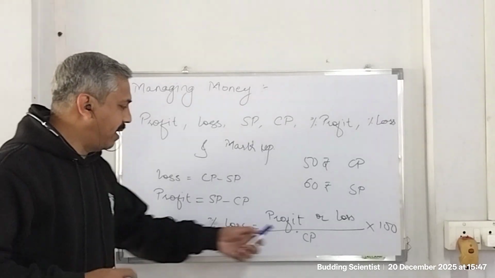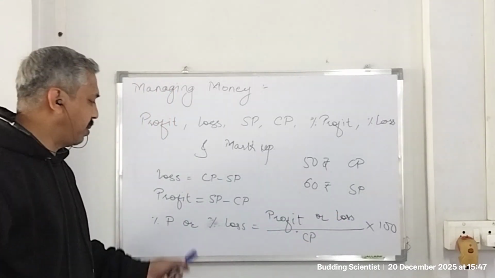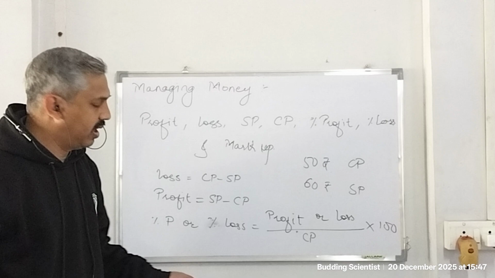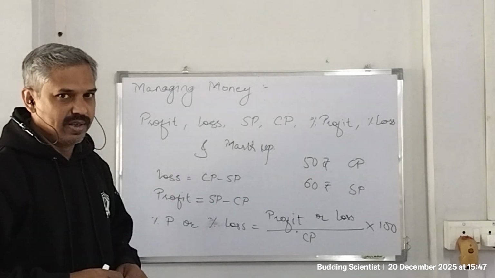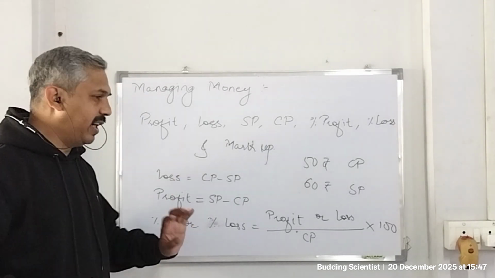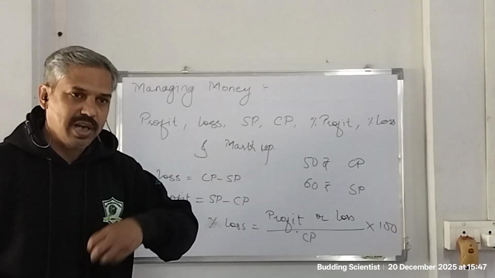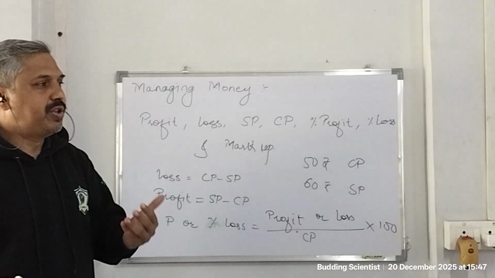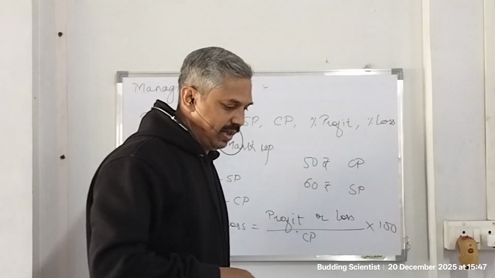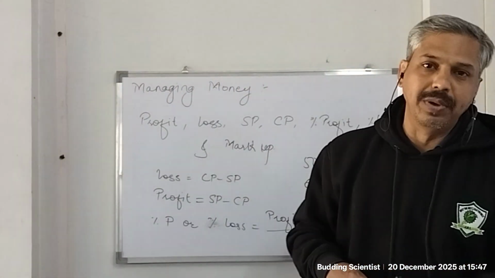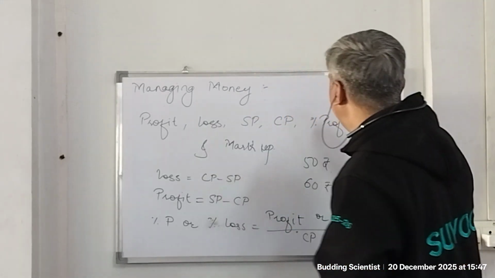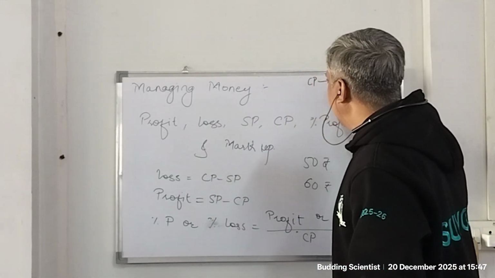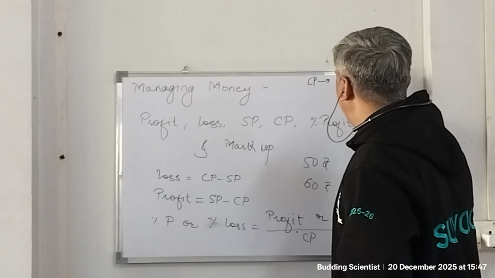Sometimes we are given the value of CP and the percentage profit, and from that we calculate the actual profit. Percentage profit means that if the CP was 100 rupees, the profit would have been such. If the profit is 20%, that means if the CP was 100, the profit would be 20.